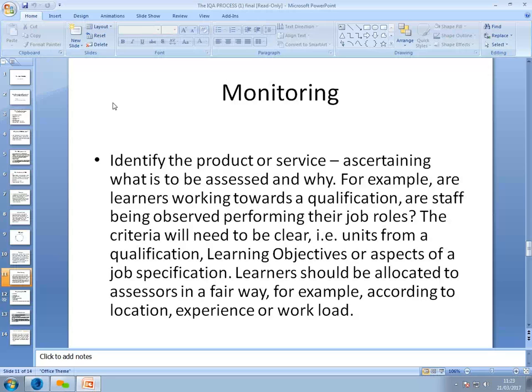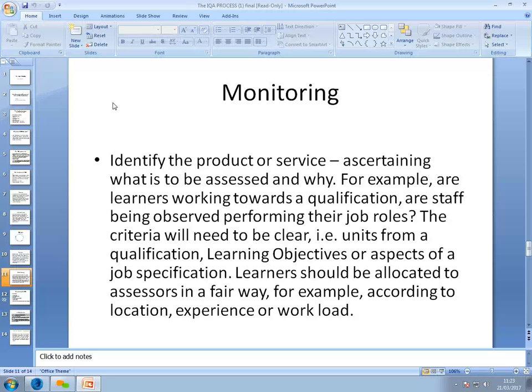So the learners should be allocated to assessors in a fair way. Technically, in colleges and schools, it's section managers that actually do that. But this is where the change from internal verifier to IQA comes in.